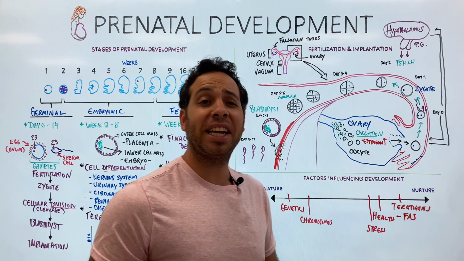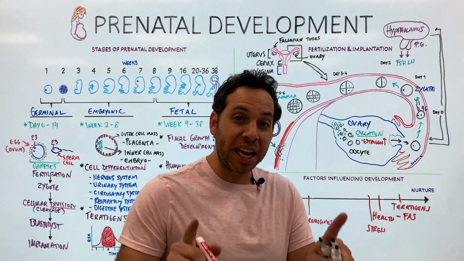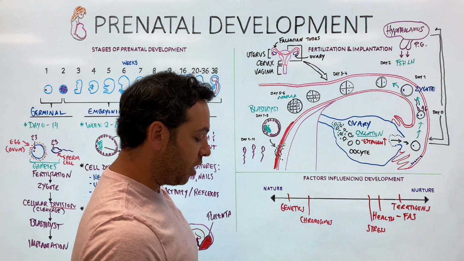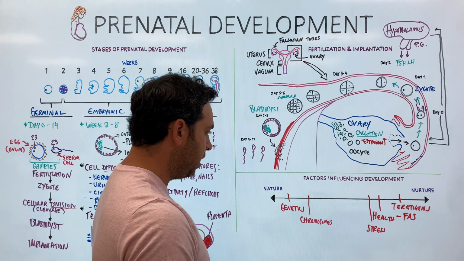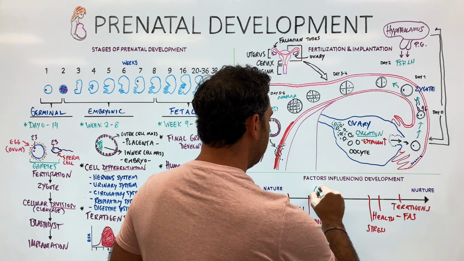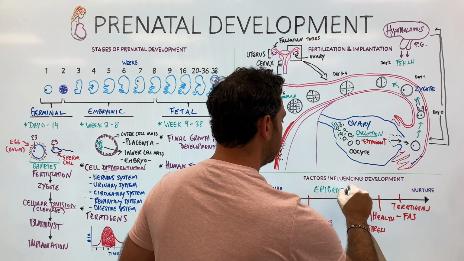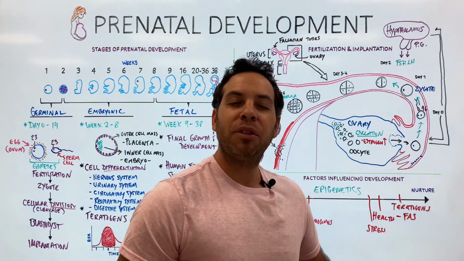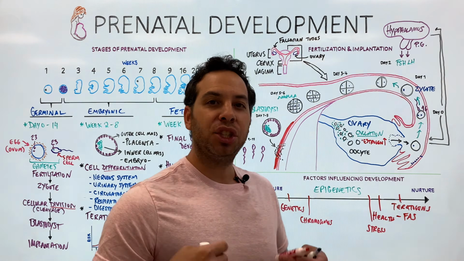Now, we used to say in psychology, nature versus nurture. We don't say that anymore. We say nature and nurture. Why? Because these can influence one another. There's a great term in psychology that's starting to get a lot of publicity that's called epigenetics. What this means is that whatever you're exposed to in your environment can have an effect on gene expression.